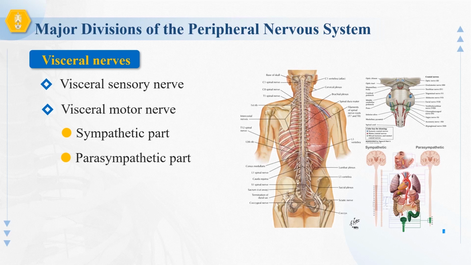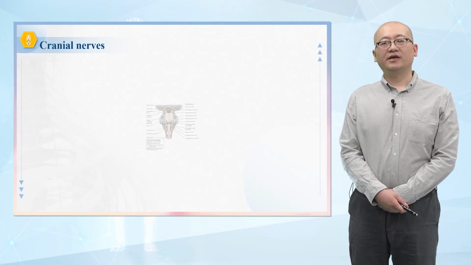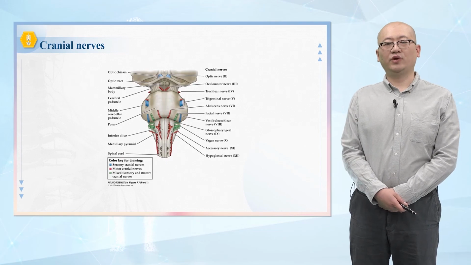And the visceral nerve also is divided into visceral sensory nerve and visceral motor nerve. And the visceral motor nerve also has 2 parts. The first one is the sympathetic part and the parasympathetic part.